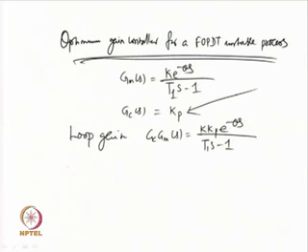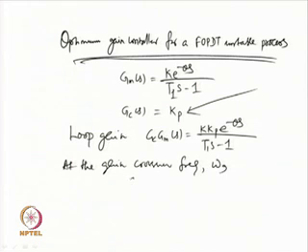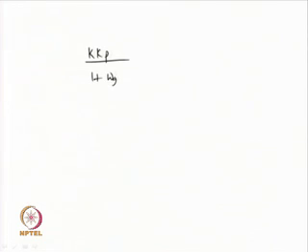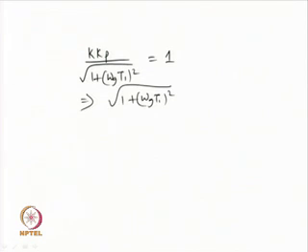Now, we know that at the gain crossover frequency omega g, the magnitude of Gc Gm(j omega g) is equal to 1, thus giving us k Kp by the square root of 1 plus omega g T1 square is equal to 1, or 1 plus omega g T1 square is equal to k Kp square.